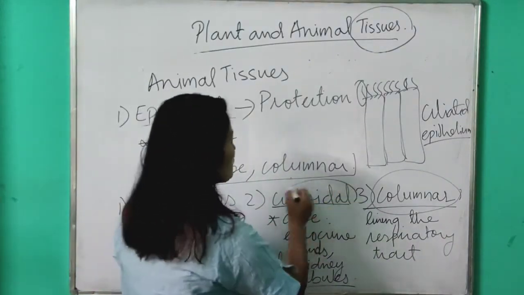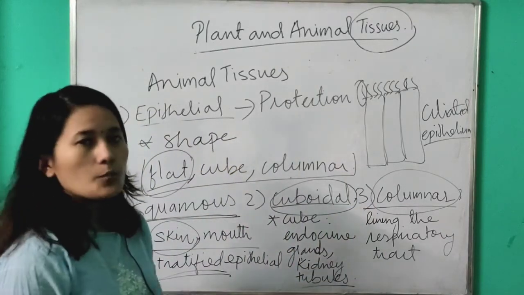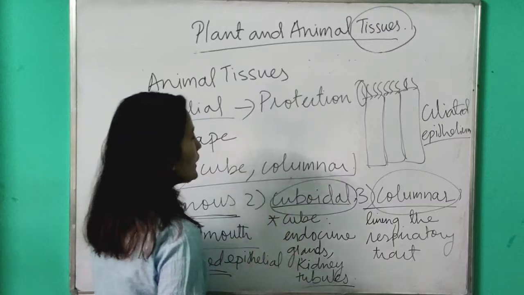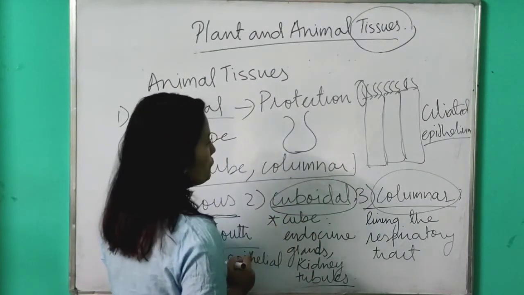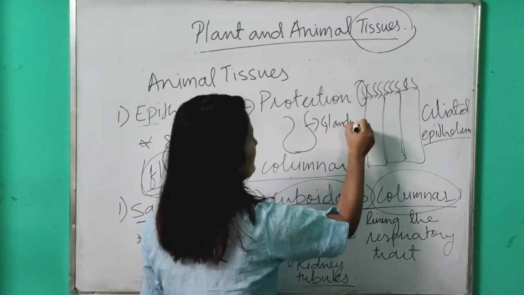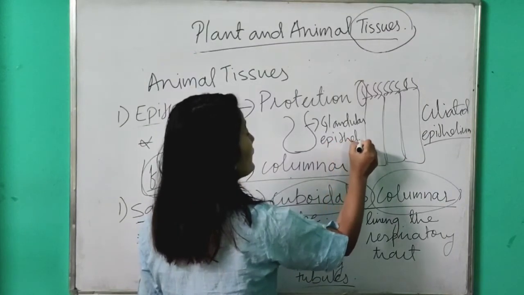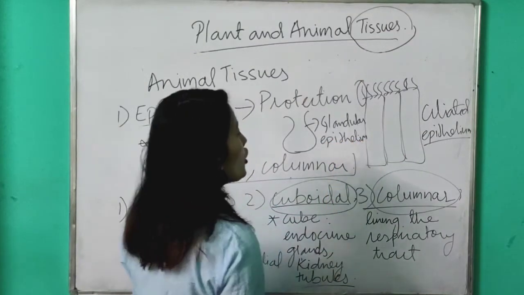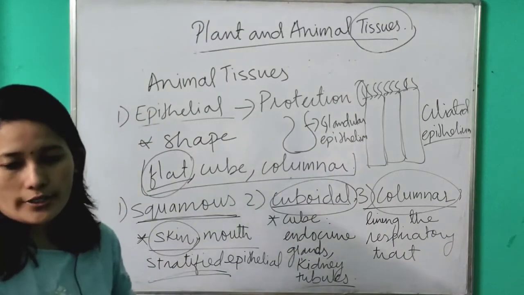Now in case of cuboidal epithelium also there is a modification. What is the modification? Some of the cuboidal epithelium take a gland-like shape. Now this is referred to as glandular epithelium. And like I told you, glands secrete certain enzymes which help in carrying out different functions in our body.